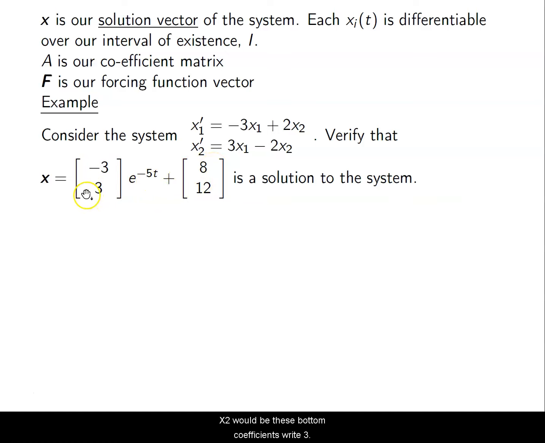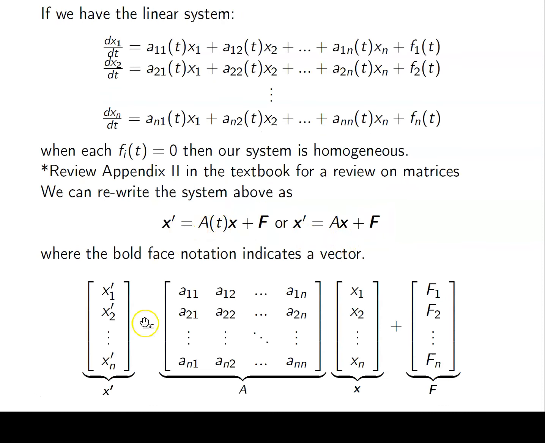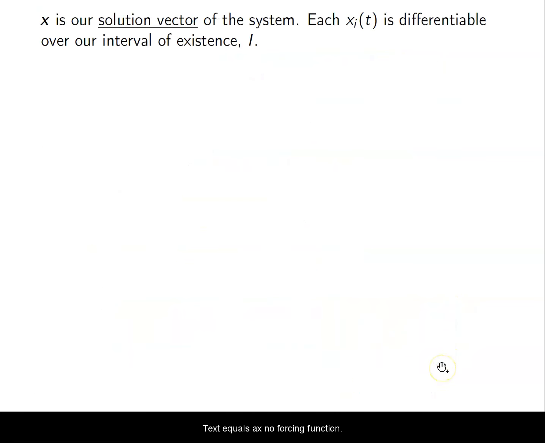And x2 would be these bottom coefficients, right? 3 e to the negative 5t plus 12 would be my second solution. So as a matrix, for this system, I have my x prime equals my coefficients, negative 3, 2, 3, negative 2, times x, right? X prime equals Ax, no forcing function.